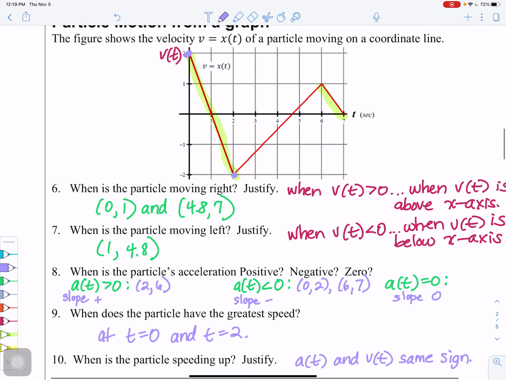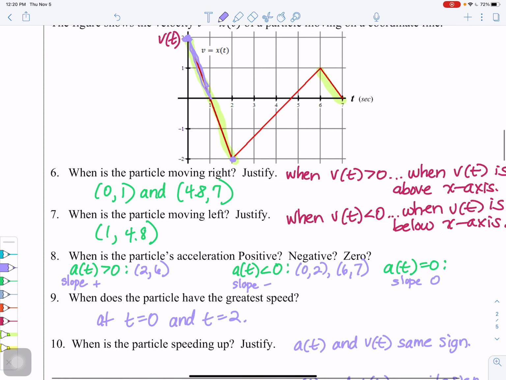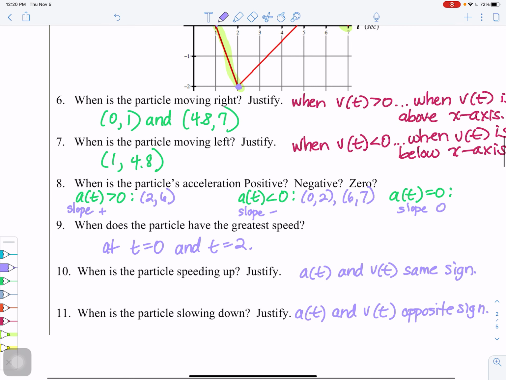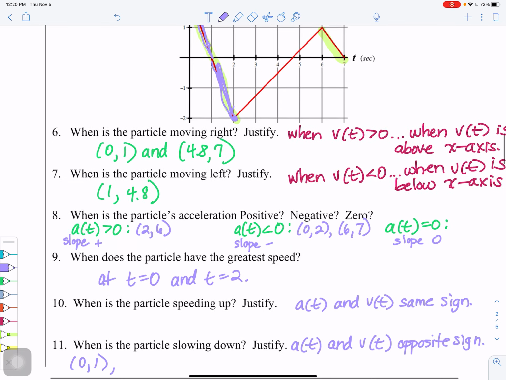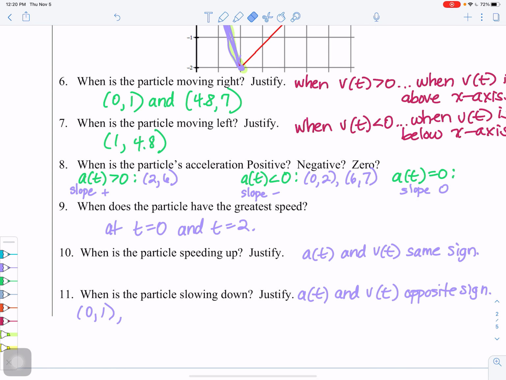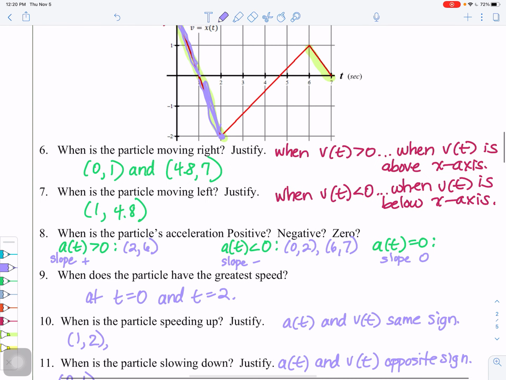I just would like to work from left to right. From 0 to 1, we have negative acceleration and positive velocity. So we are slowing down. From 1 to 2, we have negative acceleration and negative velocity, since velocity is below the x-axis.